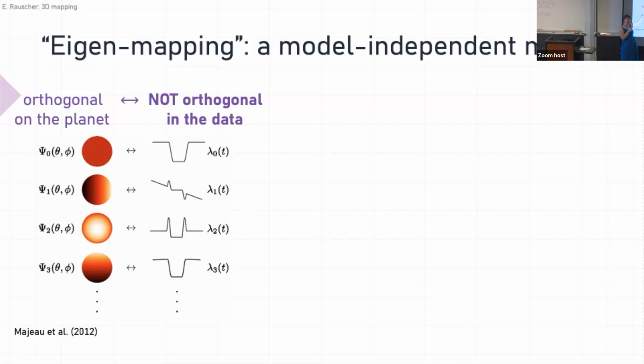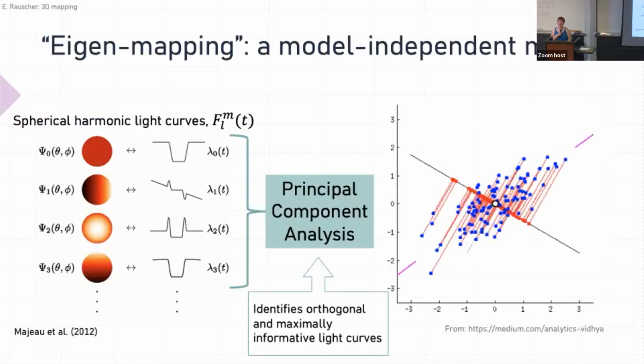Right? So you could take any of these spherical harmonics, put it on a sphere, integrate it through an eclipse, and you get a light curve associated with it. And these light curve components are not orthogonal. So if you're fitting your data with these spherical harmonic light curve components, you will get degeneracies between your different terms. And so it was an easy fix.